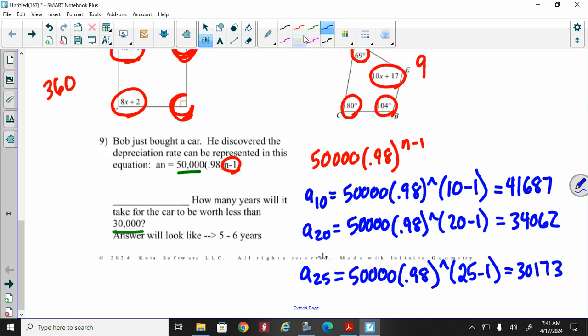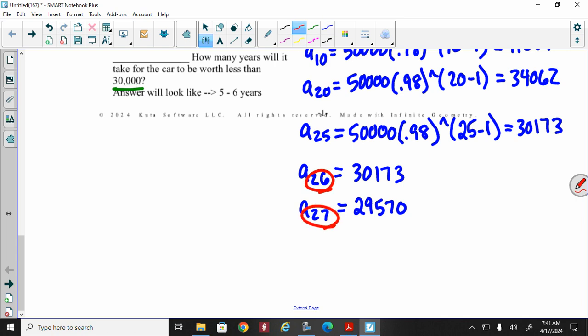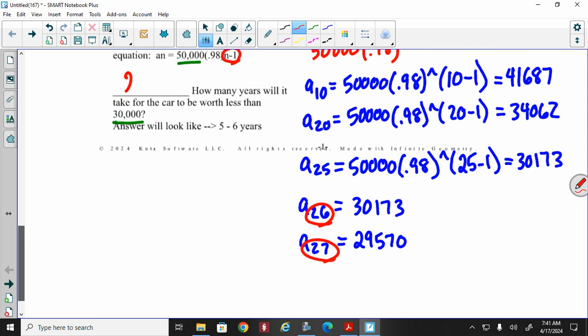All right, so again, I'm going to speed up here. If I was to do the 26th, it would be 30,173. All right, we're really close, so let's do A of 27, and that will give me, oh, here we go, 29,570. So, conclusion, 26 is too big, 27 is too small, so 26 to 27. There we go.